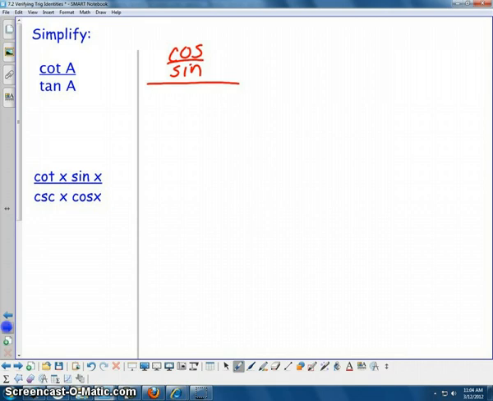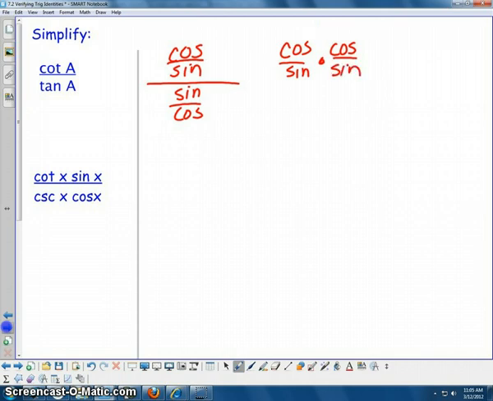Tangent is sine over cosine. What we really have is cosine over sine divided by sine over cosine, and I have to flip my second fraction. I almost made a mistake there.